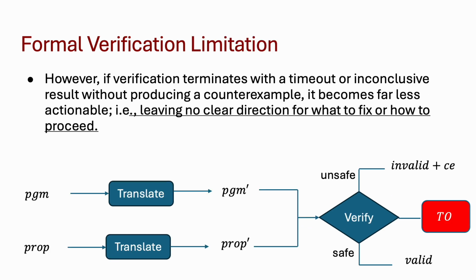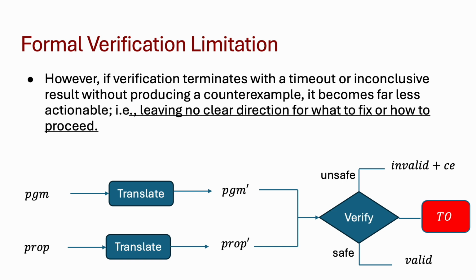However, these are not the only two outcomes that you can get from an SMT solver or any solver in general. In fact, you can just get a timeout or unknown, in which case you really don't know which direction to go forward. In what way can I improve the program or the property?